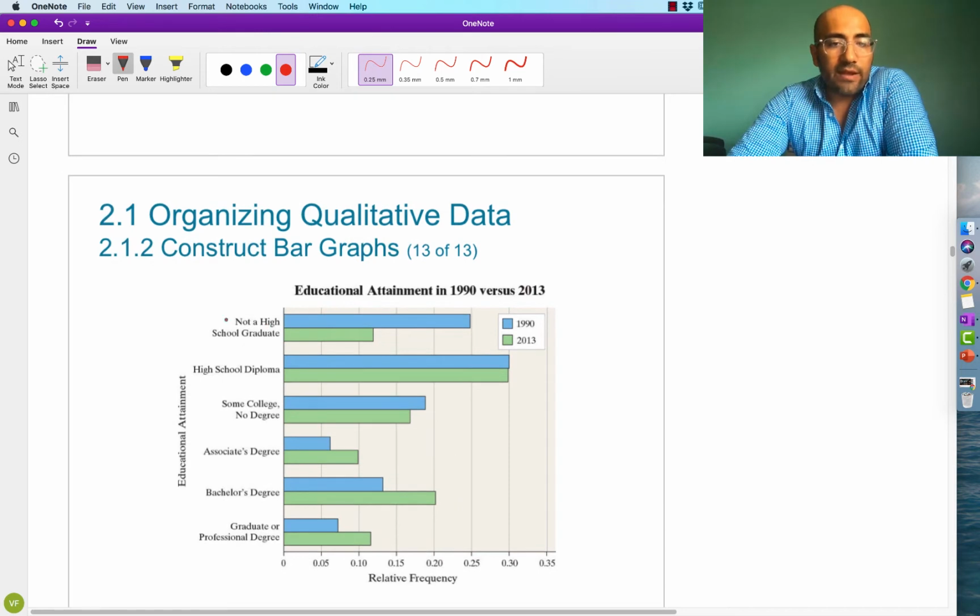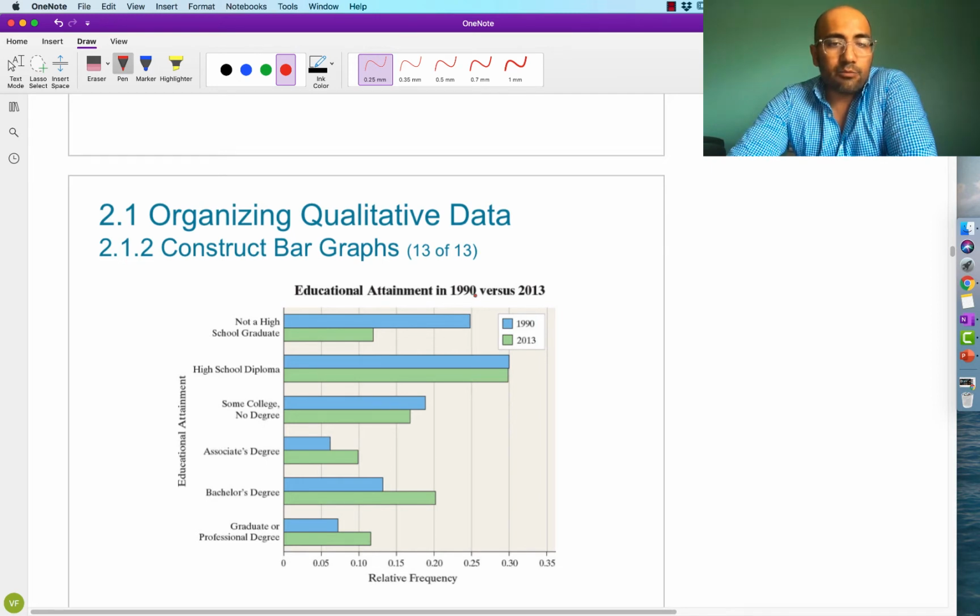Okay, so now we can go back to our example with the population with education. So we have data from 1990, data from 2013. We have relative frequency in the horizontal, and then we have the different categories in the vertical. So remember, this is relative frequency.